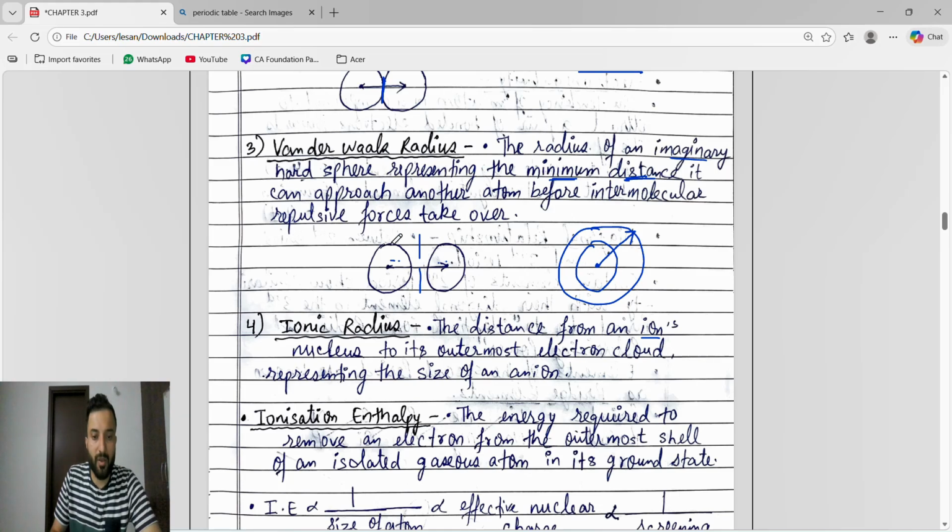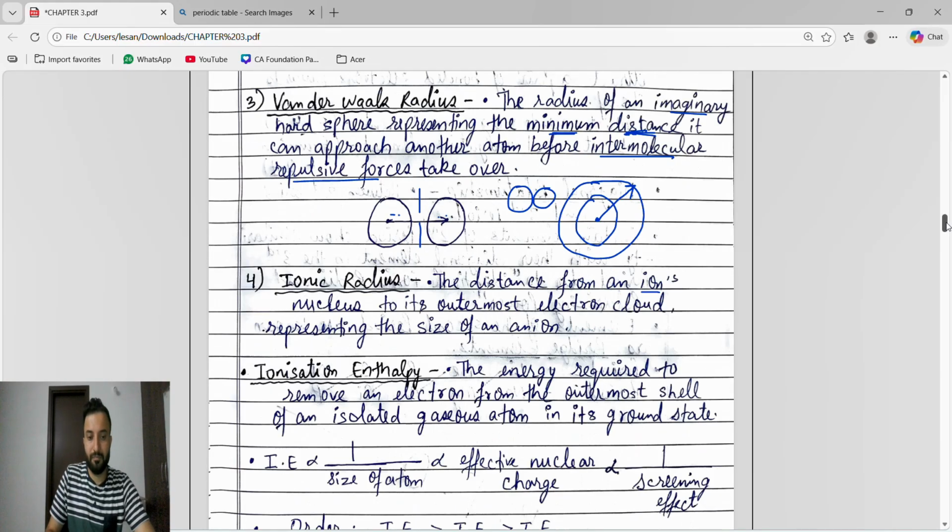So why are they not close to each other? The reason is the intermolecular repulsive force. They will not attract each other, they will repel each other. So they always have a distance between them.